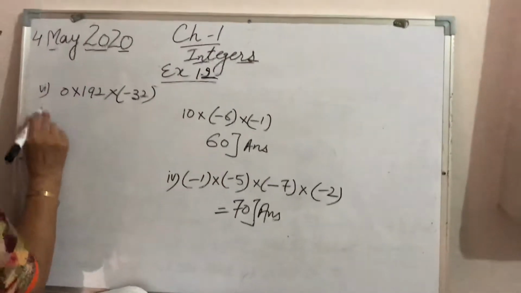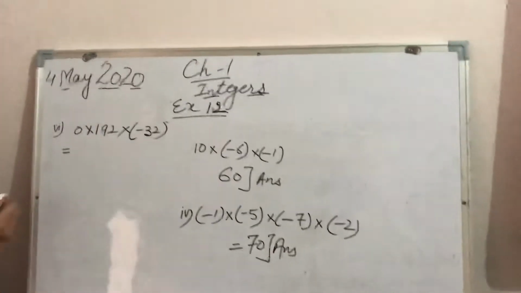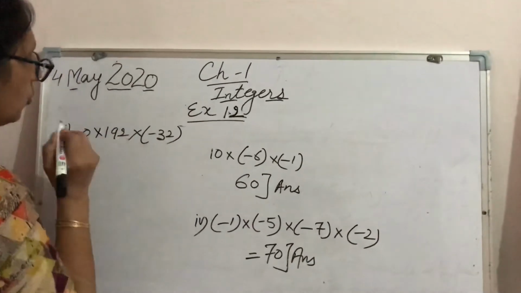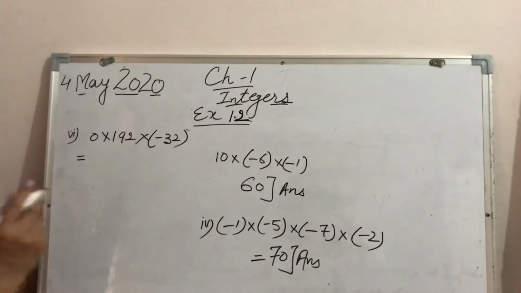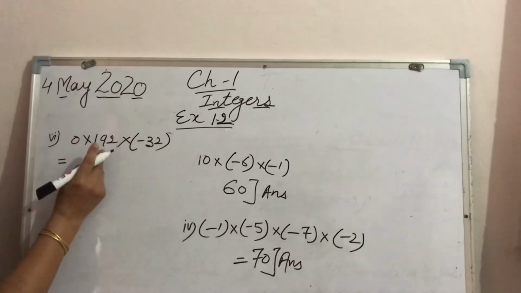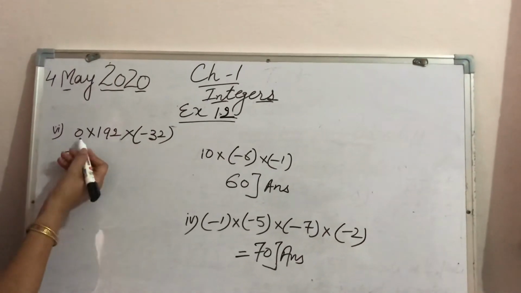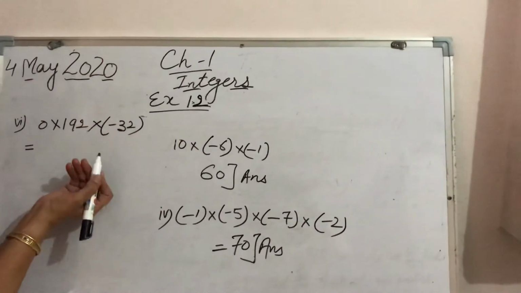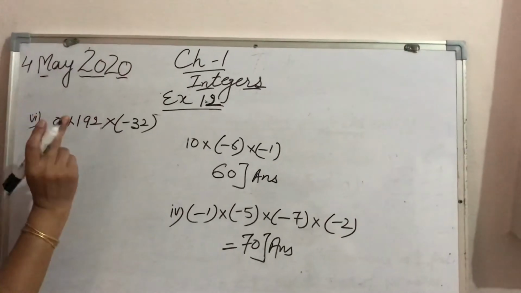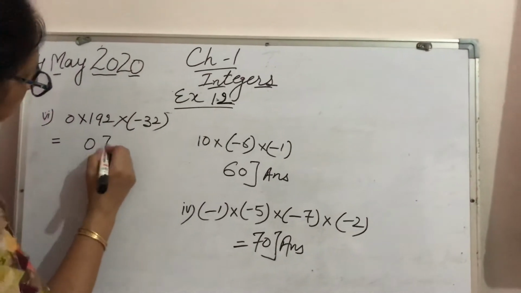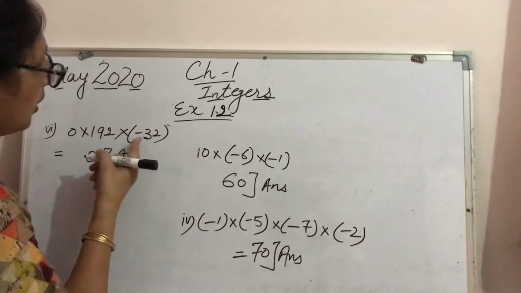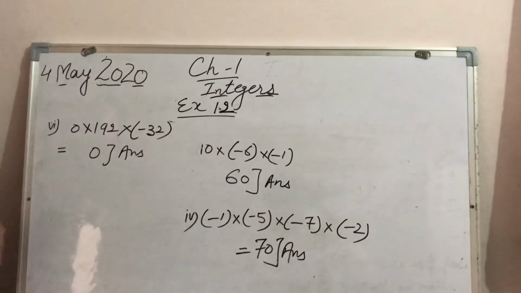So in this question there is a 0. When 0 is multiplied with any number, the answer will be 0. So 0 into 192 is 0, and again 0 into 32 is 0. But now we have a negative sign, only one negative sign.